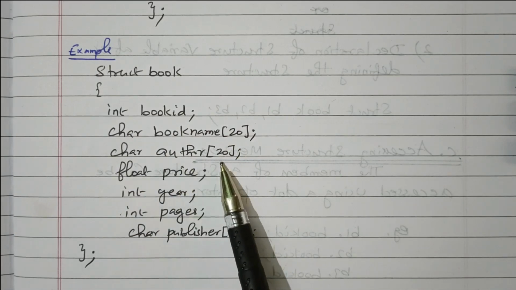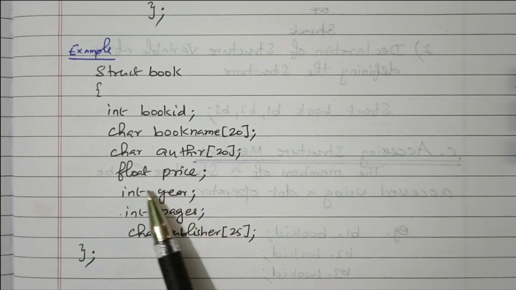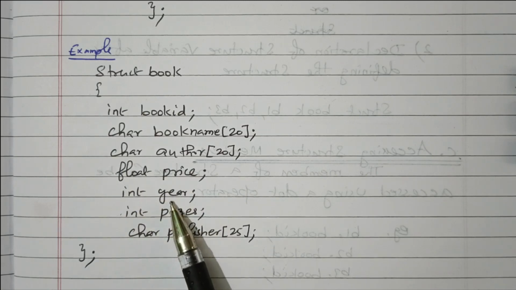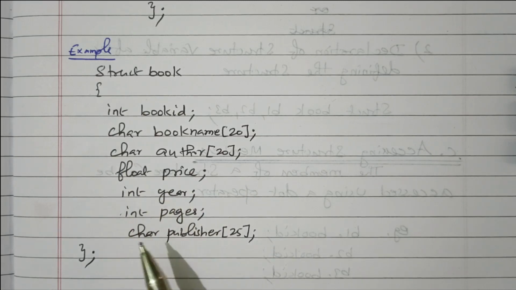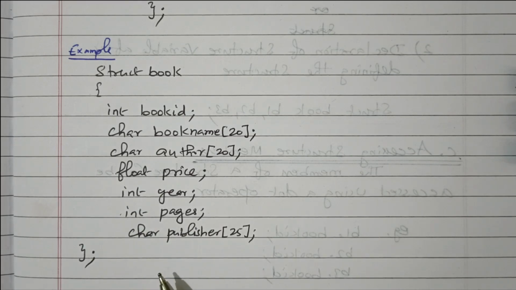Author name with 20 characters is declared as character. Price declared as float. Year of publication declared as integer. Number of pages declared as integer. And publisher name with 25 characters declared as character, right? And then close the braces with a semicolon, right?